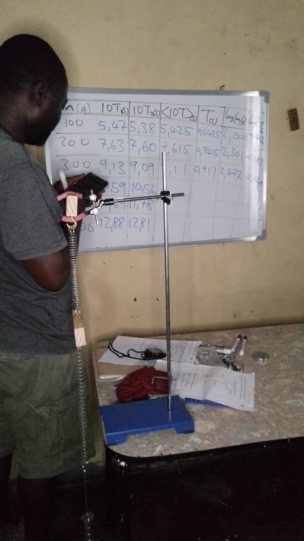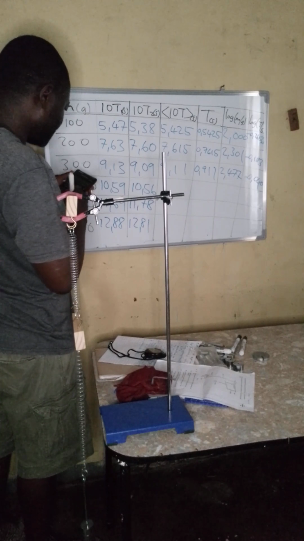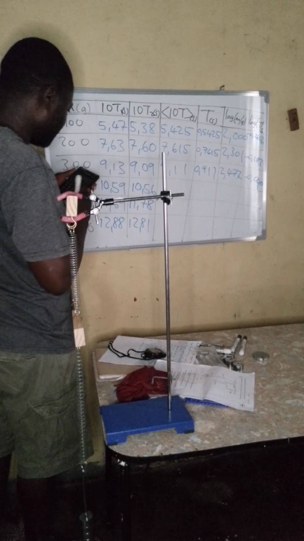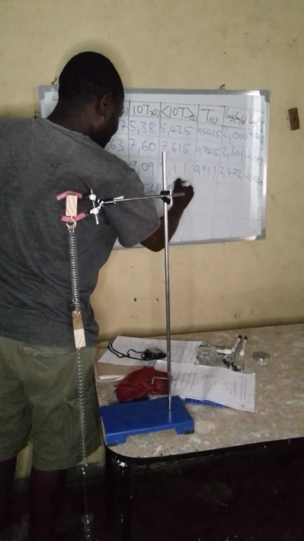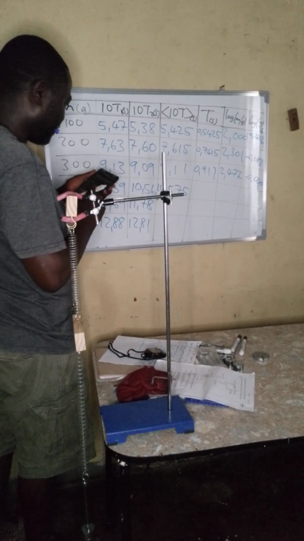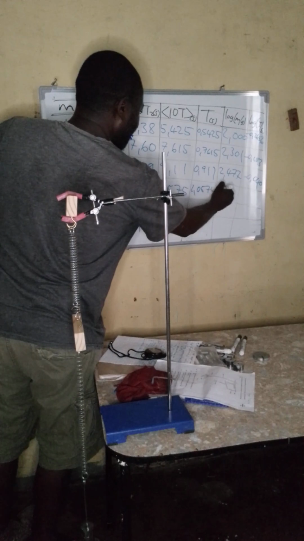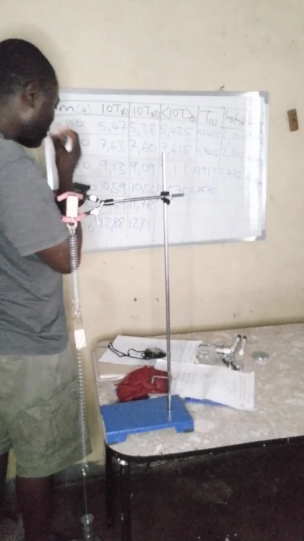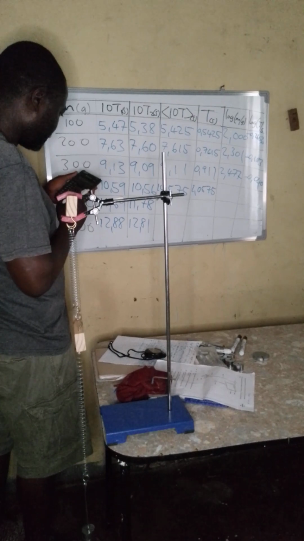Then 10.59 plus 10.56 divided by 2, 10.575. Then divided by 10, 1.0575. Logarithm of 400, 2.602.